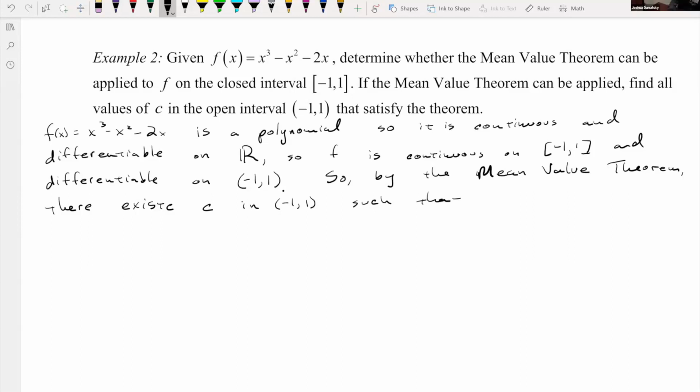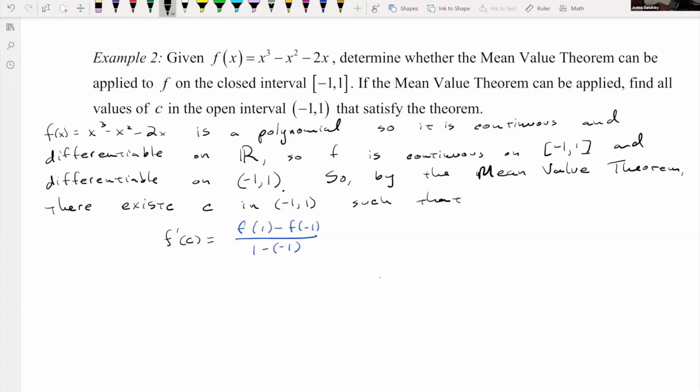such that f prime at C is equal to f of 1 minus f of negative 1 all over 1 minus negative 1. That is the slope of the secant line. This is the thing in blue that I've been doing over and over again: f of b minus f of a over b minus a.